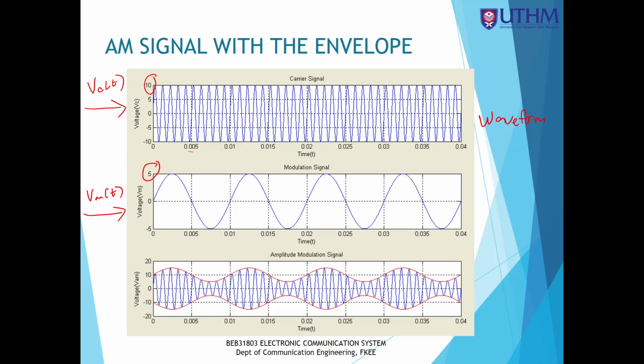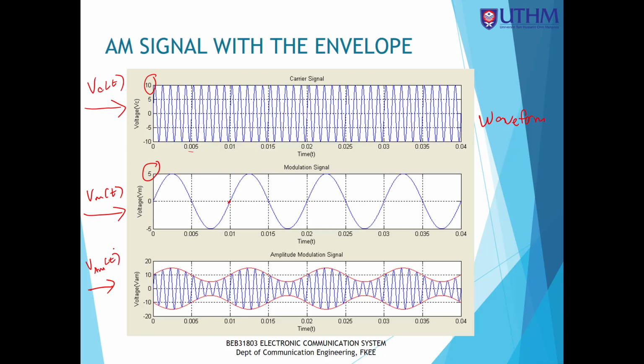We have VM, peak amplitude is 5 volt, and it can complete one cycle within 0.01, one cycle in 0.01 second. And this is the VAMT, the resulting AM.